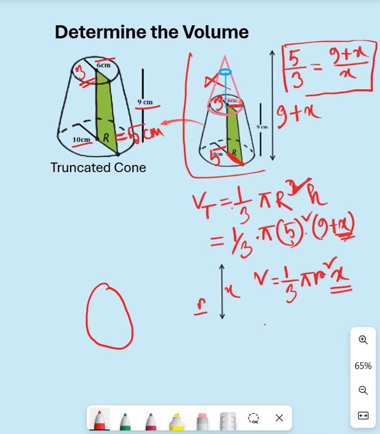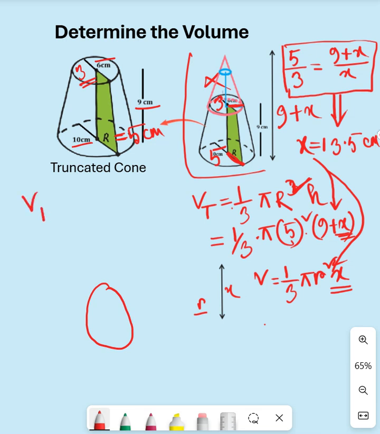This is the math trick to solve this problem. Hope you understand this part. To solve this ratio equation, we get the value of x equal to 13.5 centimeters, right?